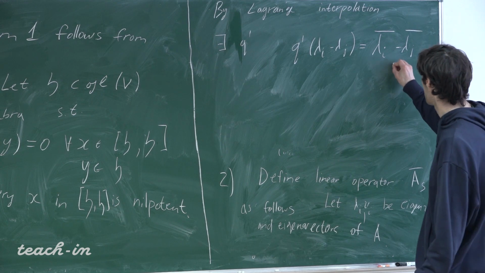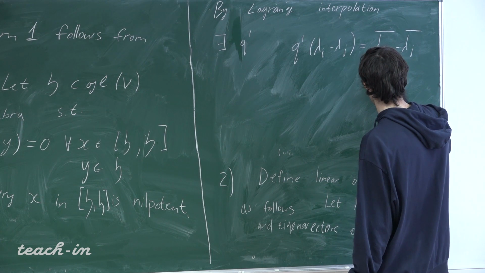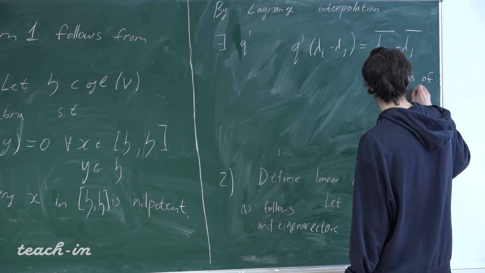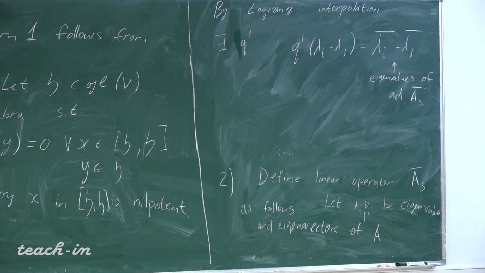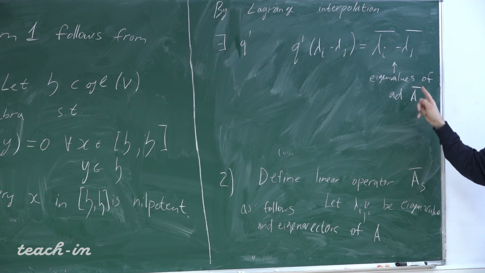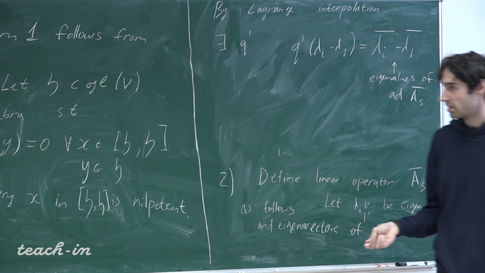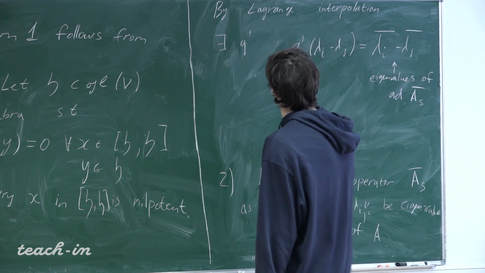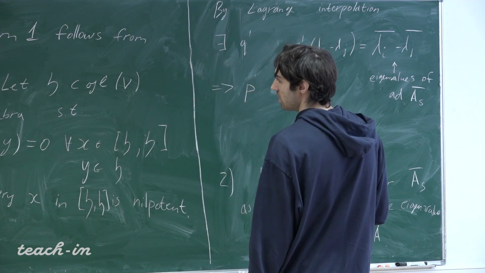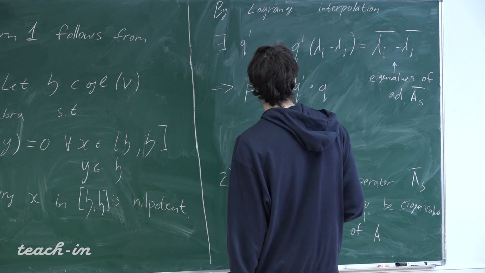But these are eigenvalues of ad AS bar. So lambda i minus lambda j are eigenvalues of ad AS, and their conjugates are eigenvalues of ad AS bar by the same reasoning. And so I claim then that P is Q composed with Q prime.